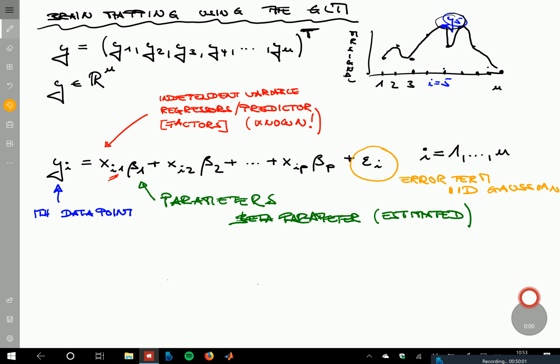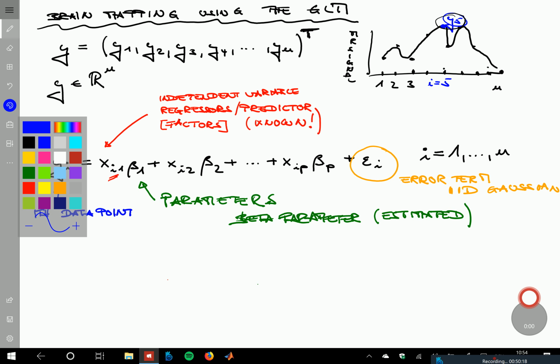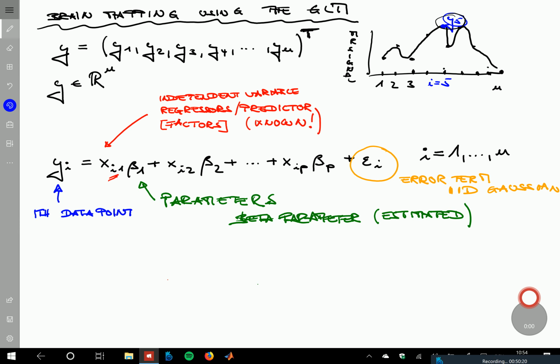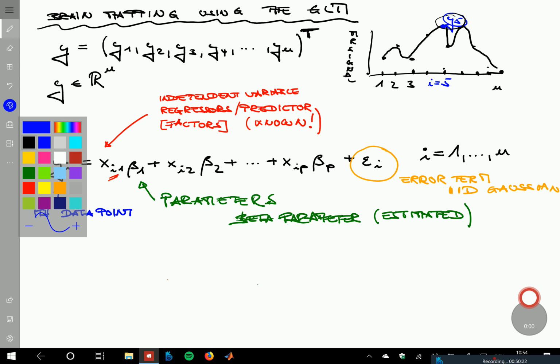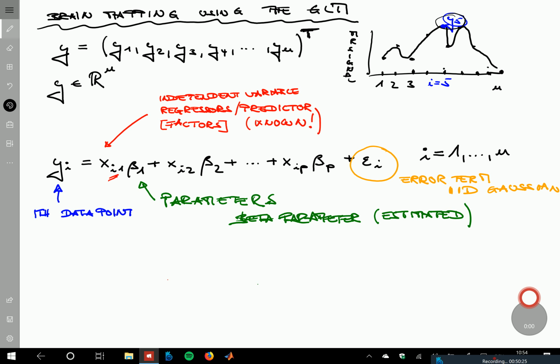Has the error term anything to do with the noise? Yeah, that's the noise. So it models the noise. What this means is it models the unexplained variance. So this is a good point to bring this up. There is a deterministic aspect of this model. So the x's you know about. The x's are things that you think influence yi.